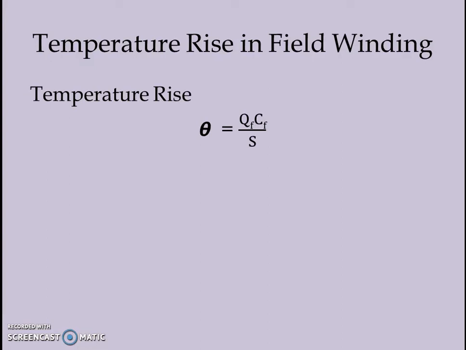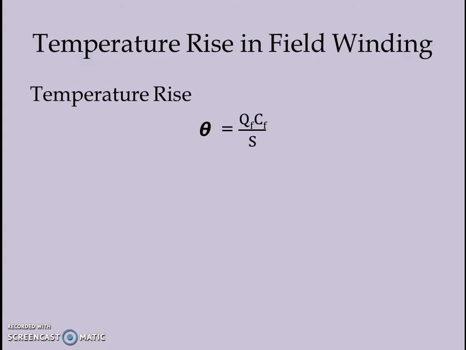But if the temperature rise is beyond the permissible value, then we need to change the depth of the field winding. I repeat, when the temperature rise is beyond a permissible limit, the parameter we need to adjust is the depth of the field winding; we have to increase it.